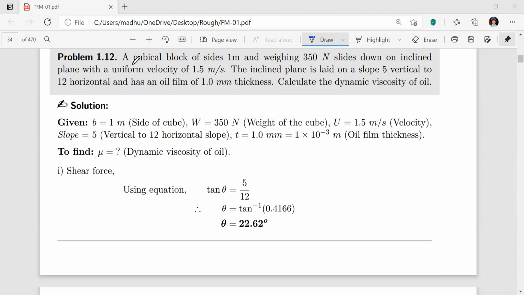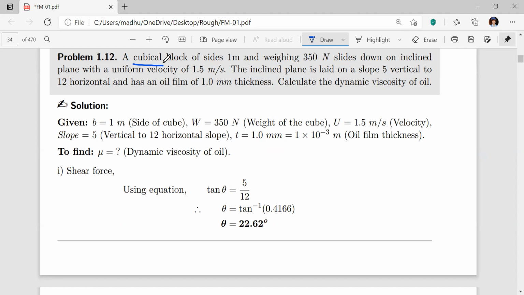Here, this problem is related to viscosity. What is the problem? A cubical block of sides 1 meter, that is a cube. You have studied what a cube is in first year engineering drawing.